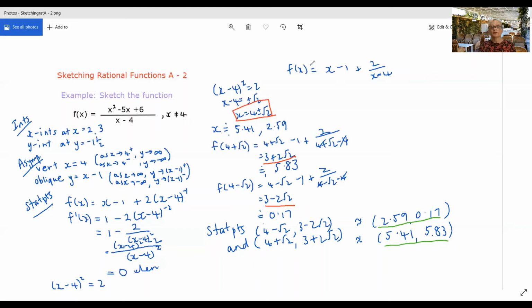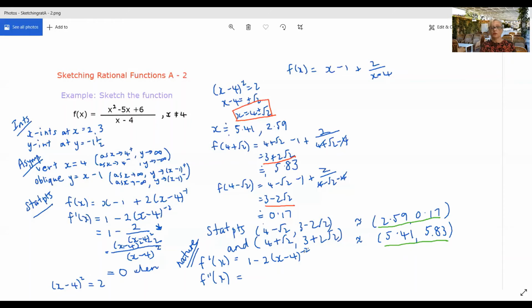Determining the nature of the stationary points and any potential points of inflection, let's go back to this version here. We had, so let's just do nature here, our little title. So f dash x we said was 1 minus 2 x minus 4 to the negative 2. So when we differentiate that, derivative of 1 is nothing.